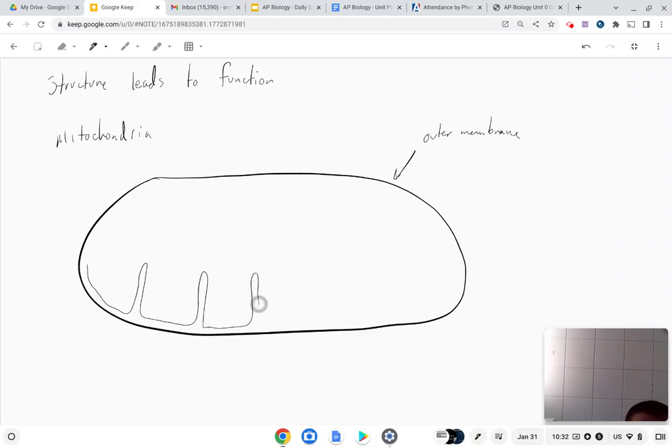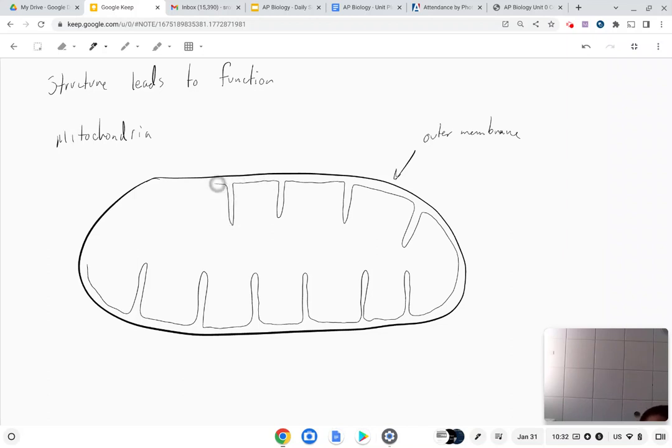Recall that when the prokaryote was engulfed by the eukaryote, it gave the prokaryote another membrane, right? And if you picture it folding in, you can kind of use your imagination. I would refer you to our notes from last week for that.